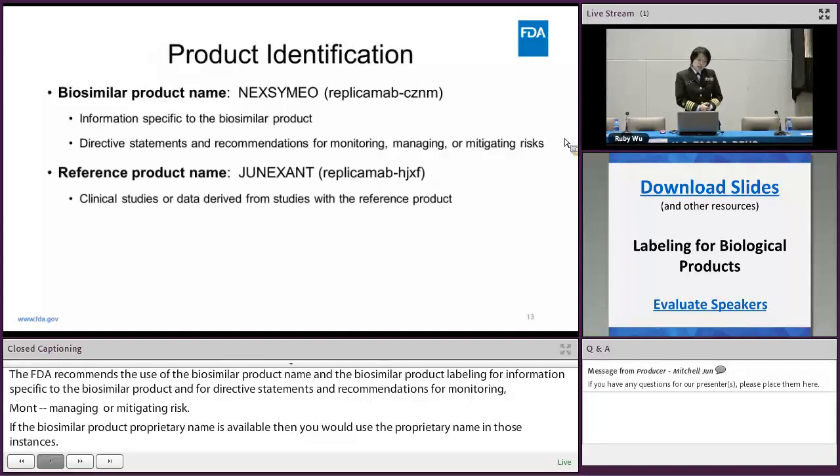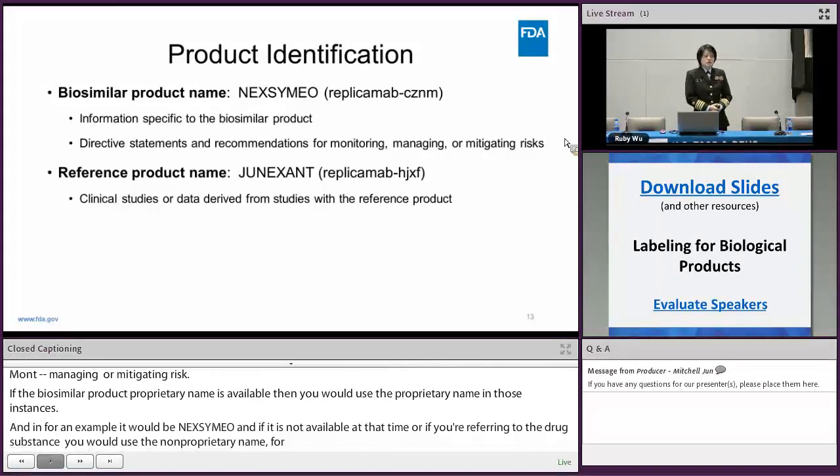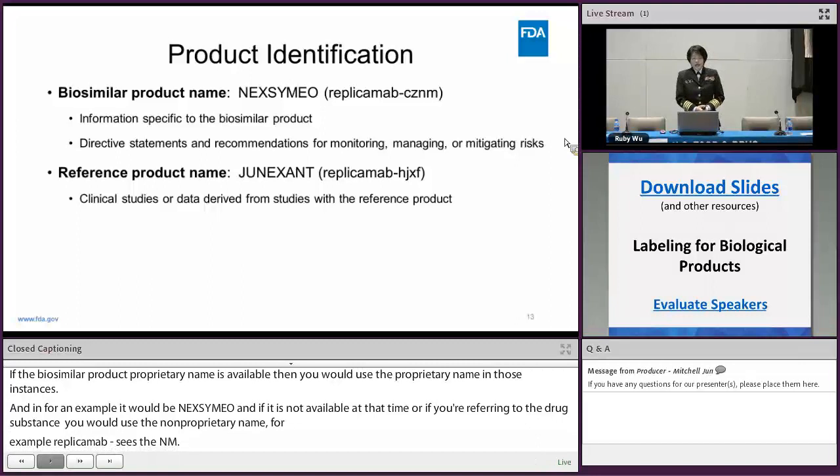We recommend the use of the reference product non-proprietary name when you're discussing or describing clinical studies and data derived from the studies with a reference product. And in the example, it would be replicamab-HJXF.